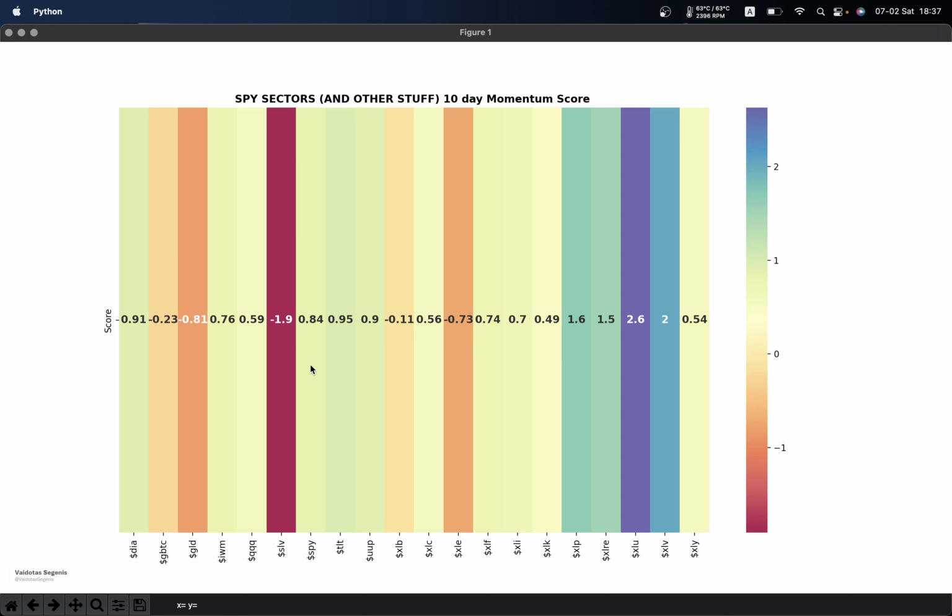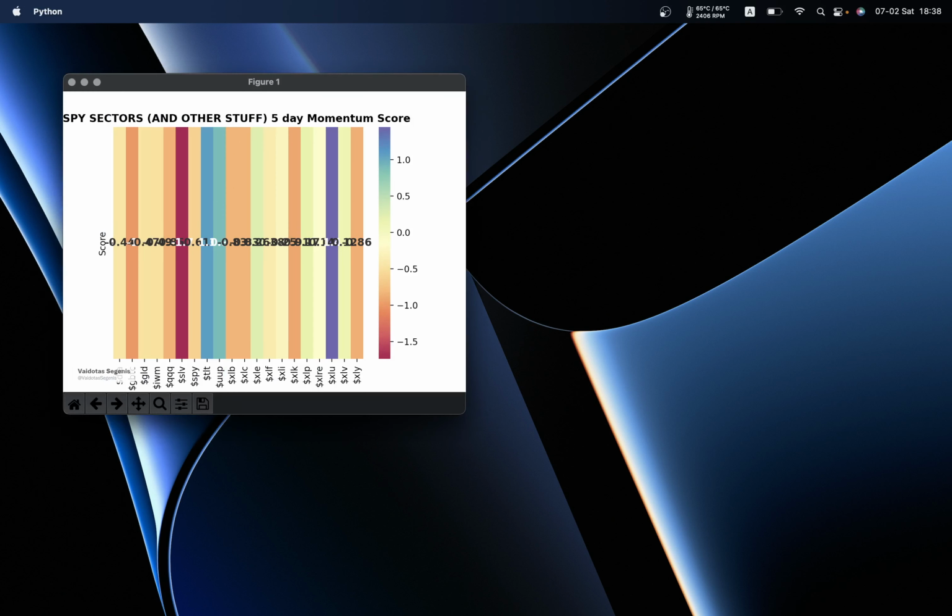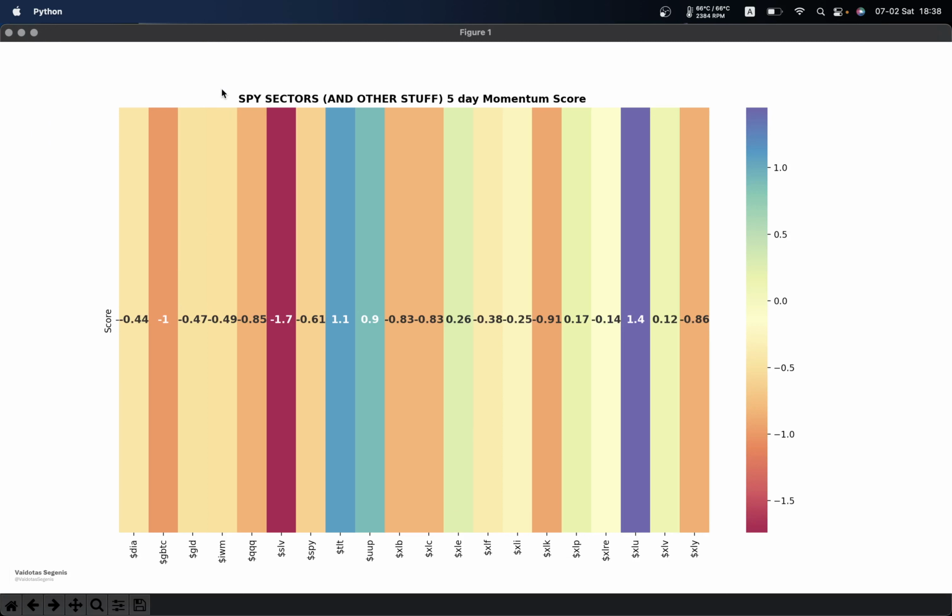Okay, so SPY positive, TLT positive, so no need to short the market. Let's wait for a clearer signal. The last one on SPY sectors is the 5-day. SPY finally turned negative.